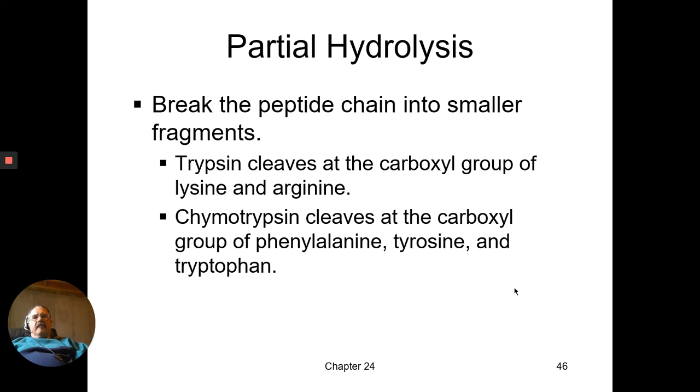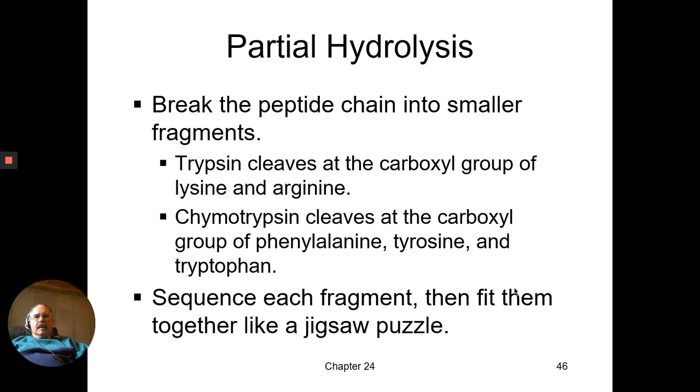Sometimes we can get useful information from partial hydrolysis. Trypsin cleaves the carboxyl group of lysine and arginine. Chymotrypsin cleaves the carboxyl group of phenylalanine, tyrosine, and tryptophan. Okay, and I don't necessarily expect you to remember all of that.